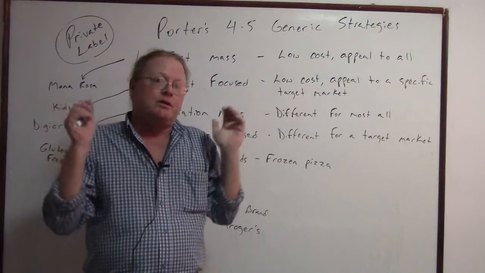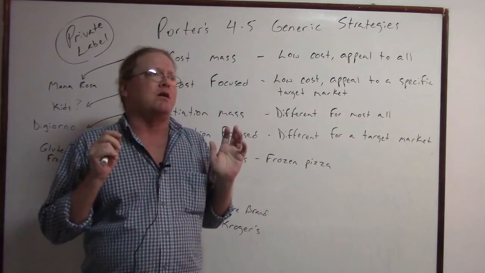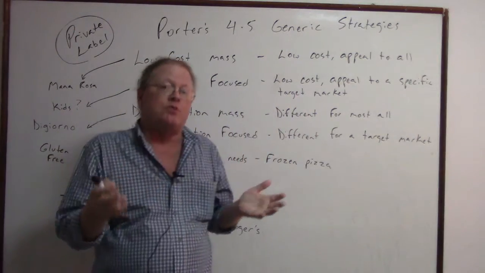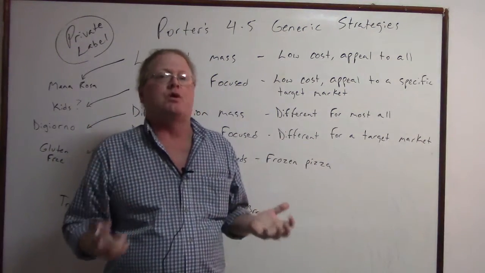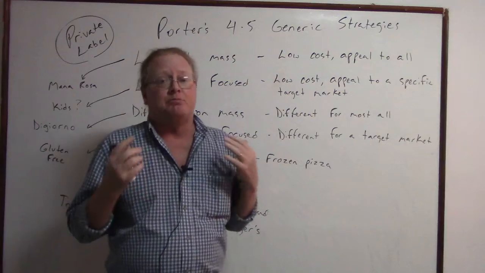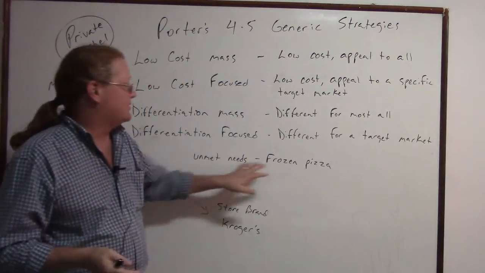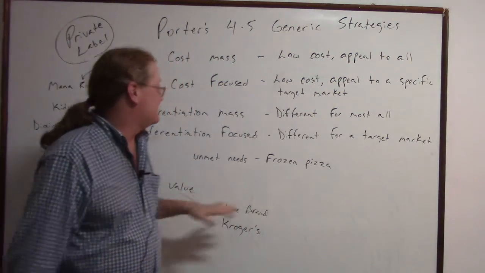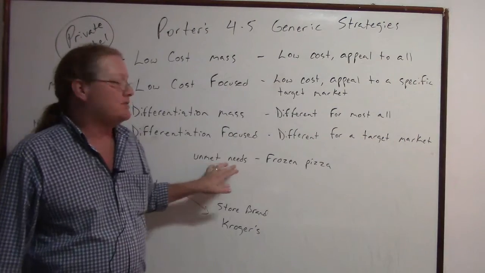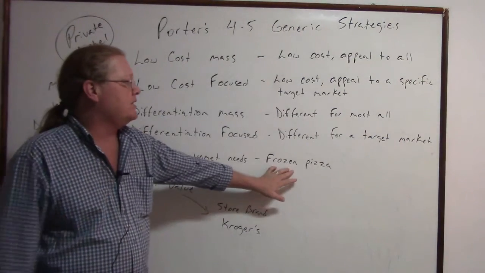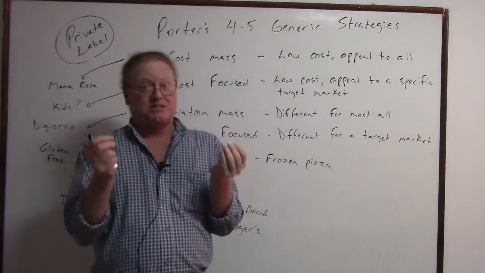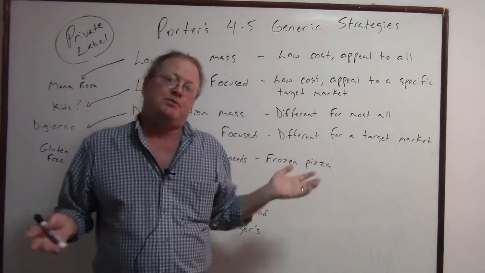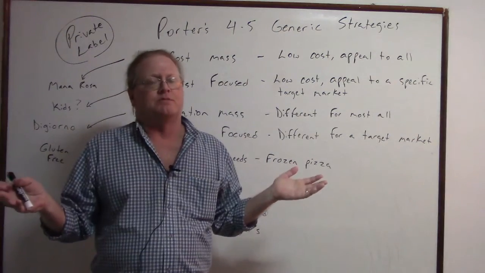Bleeze and our private label, one thing you can start with is what is not on the market that you want. And in my case, I miss frozen pizzas. You've probably heard me mention that before. So the unmet need for me would be a frozen pizza. Now, the next step is to find out if other people miss a frozen pizza.